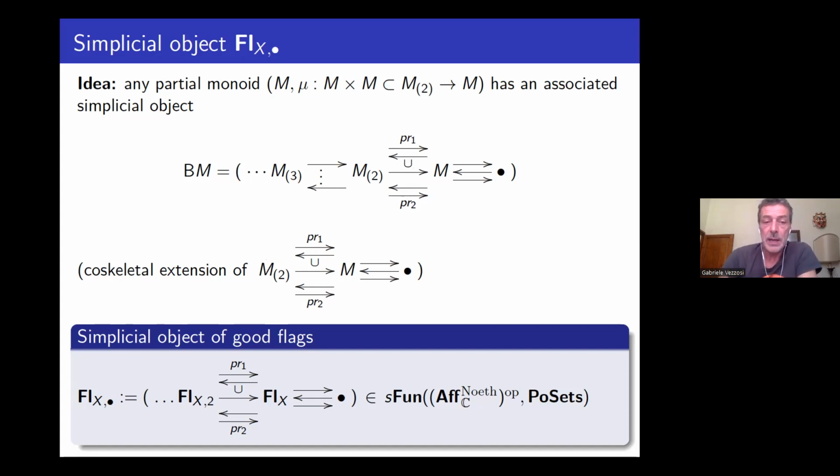So we do the same here with this partially defined union, and we define Flag X bullet as this coskeletal extension. This is a simplicial object in functors from Noetherian schemes over C to posets.